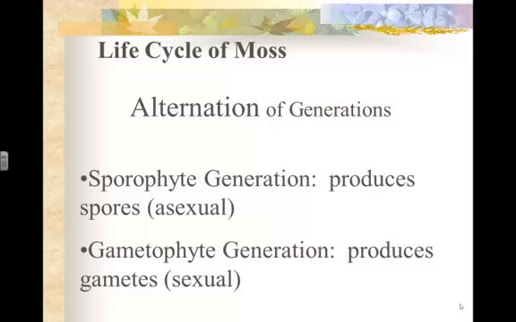They have a very interesting life cycle along with the fern, and you need to know this slide. It's called alternation of generations because it goes through a generation of asexual reproduction and a sexual phase. Now, most plants will reproduce either asexually or sexually, not both, but there are some that can produce sexually or asexually.